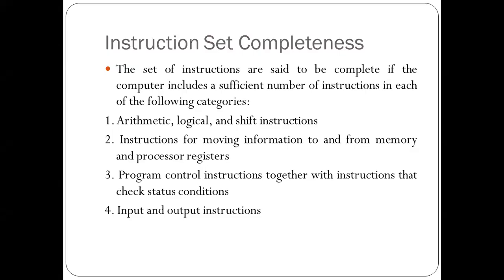The third type of instructions that must be there are program control instructions, that is, program transfer or control transfer instructions. Sometimes you may require to repeat a set of instructions multiple times. How many times you want to implement is indicated by a certain flag bit.